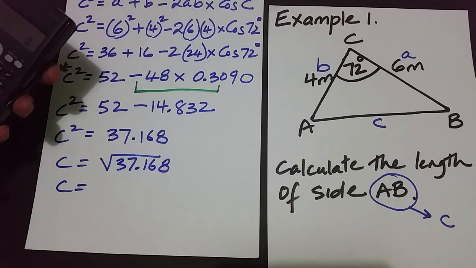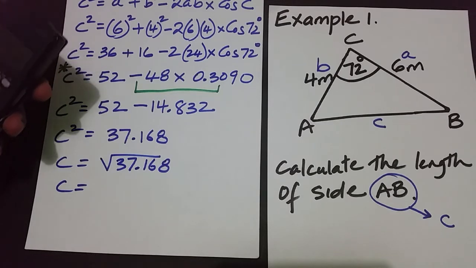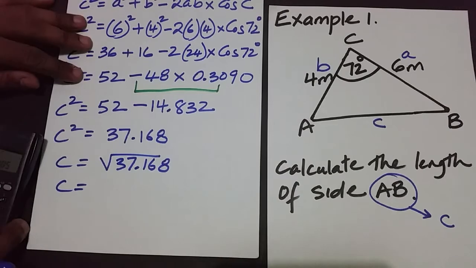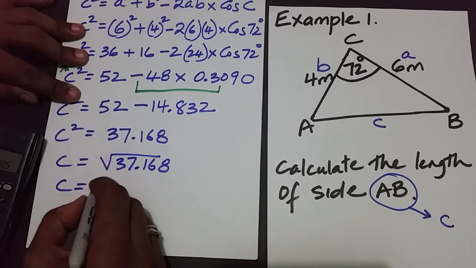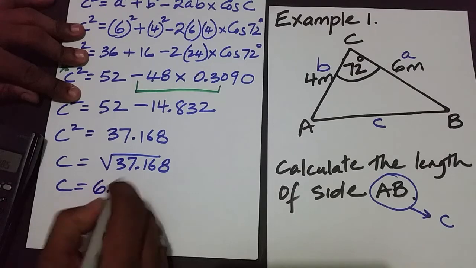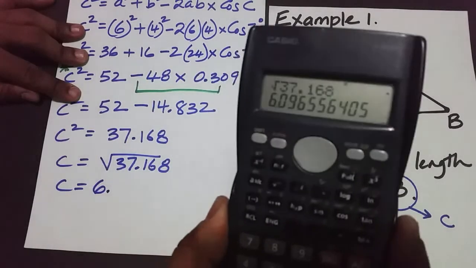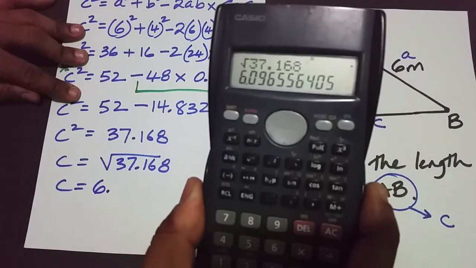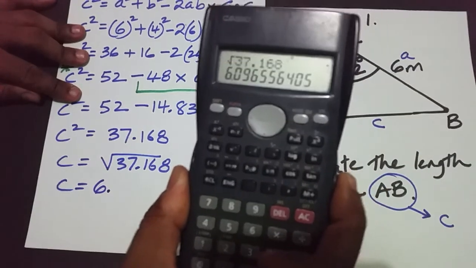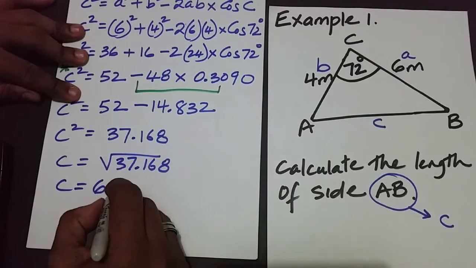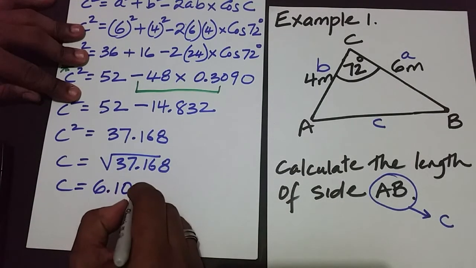I can write that answer to 2 decimal places unless otherwise stated. On the calculator it says 6.09655. So if I round it off to 2 decimal places, the 9 has to change. So we end up with 6.10 meters.